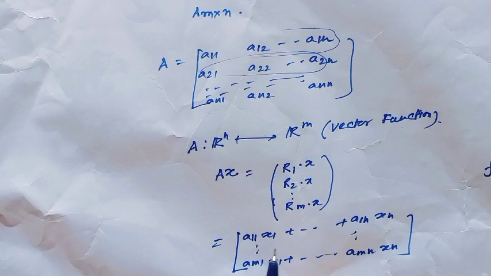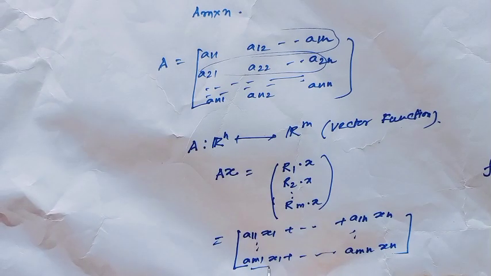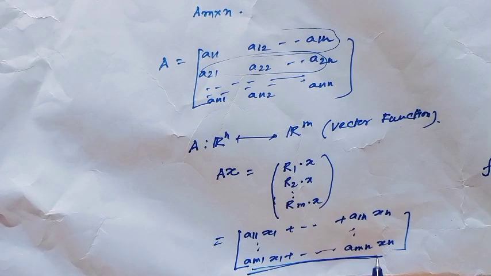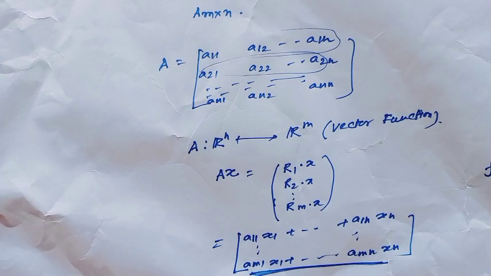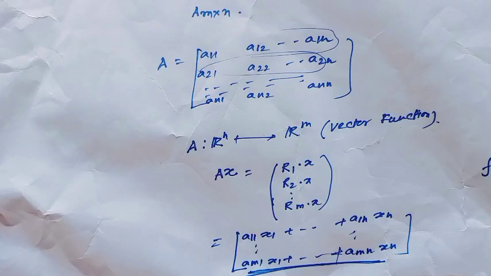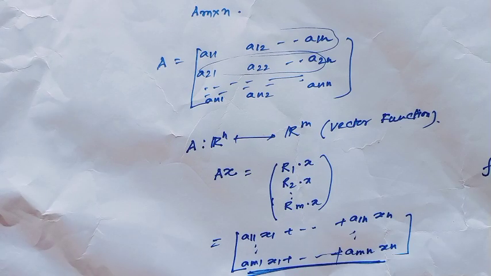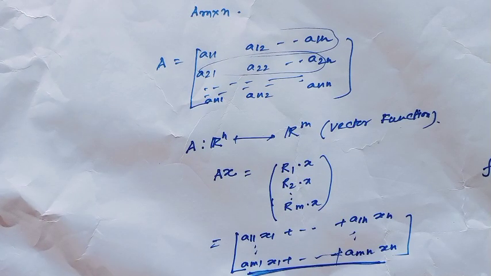This equals a11 x1 plus up to a1n xn in the first row, and am1 x1 plus up to amn xn in the last row. Obviously the function is defined in this way, and this is a vector valued function, as we all know.